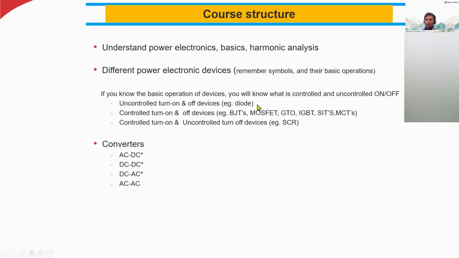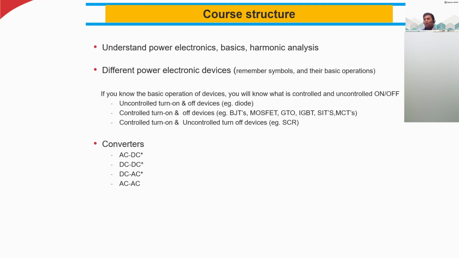These devices you can control by giving some base voltage or base current, or gate voltage or gate current. Similarly, controlled turn on and uncontrolled turn off means you can turn on the device by giving a gate voltage, but you cannot really turn it off.